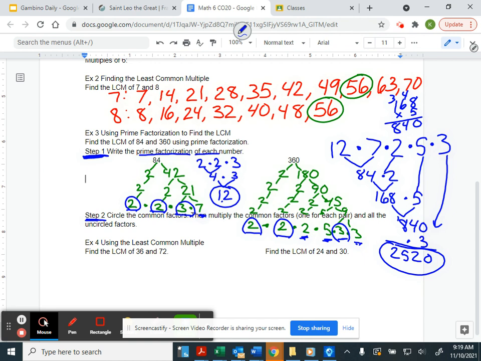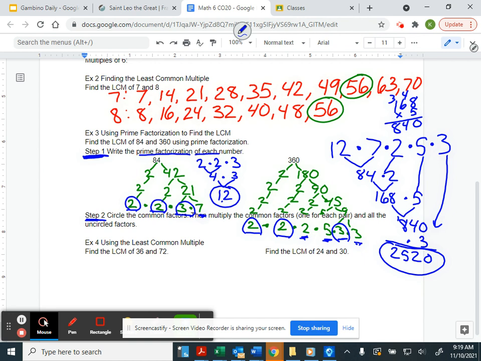That would have been a ton of numbers if we were going to list them. 360 is a really big number. We don't want to have to list those numbers out. Those aren't numbers that we're used to using. So we have to use a lot of brain power trying to figure out what the multiples of 360 are. What are the multiples of 84? They're not common ones that we multiply out.